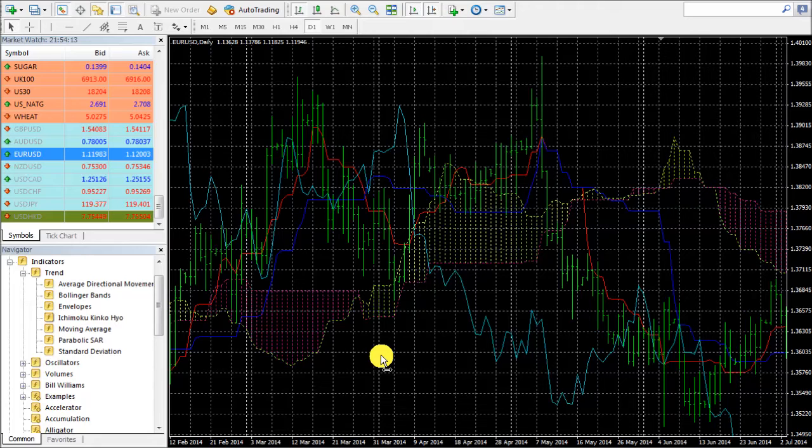So the blue line is called the conversion line and is the fastest and most sensitive. It shows the midpoint between the highest high and the lowest low over the last 9 time periods. The red line is called the baseline, and it is slower. It is the midpoint between the highest high and the lowest low, but over the last 26 periods.